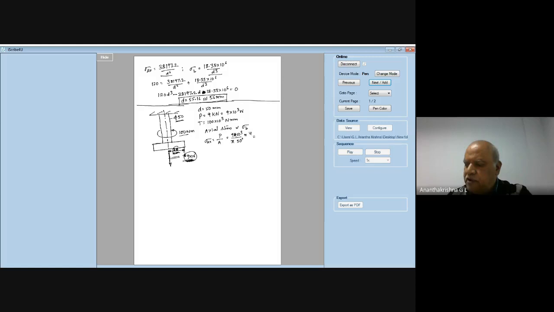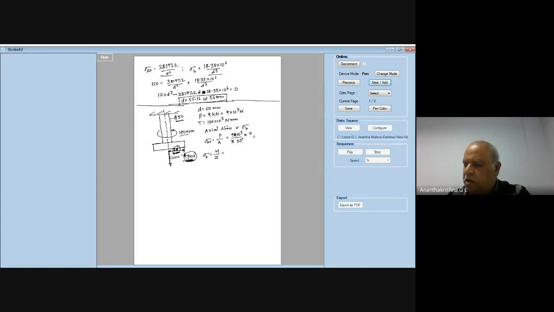Now because of the eccentricity of 28 mm, there is going to be a bending moment, that is force into perpendicular distance, 9 into 28. That will induce bending moment. The effect of bending moment is to bend the member, and the bending stress is going to get induced. The bending stress is given by bending moment divided by section modulus.